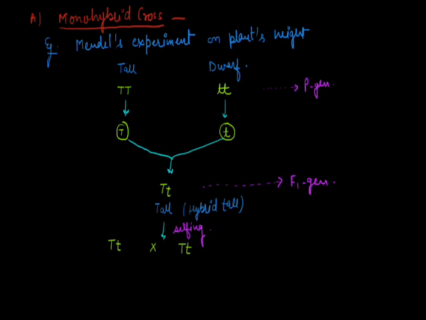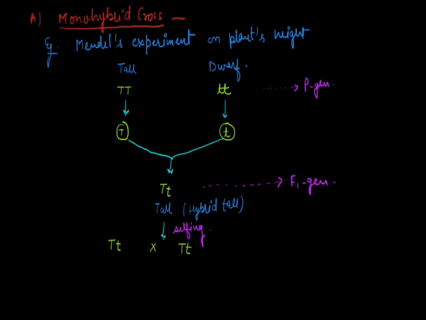Then by crossing between F1 generation, you will find F2 generation. This one is the product of F1, which is tall, 100% tall plant you will obtain here. And these are basically hybrid tall. And if you cross between two hybrid tall, what you will get, that is F2 generation.